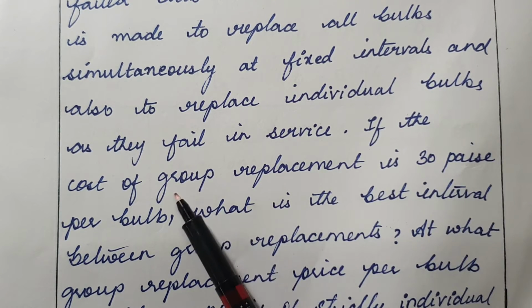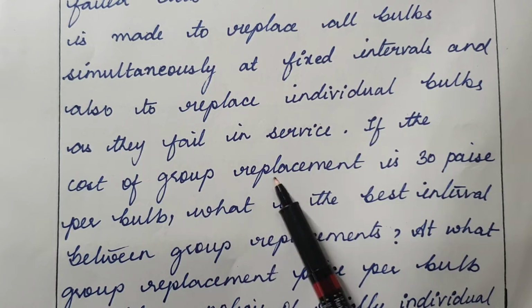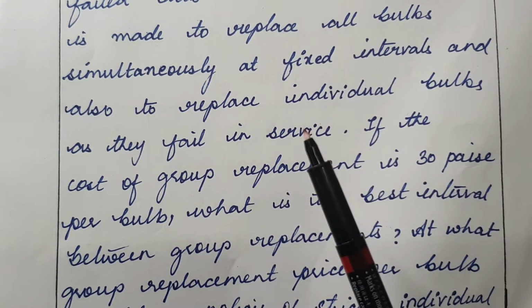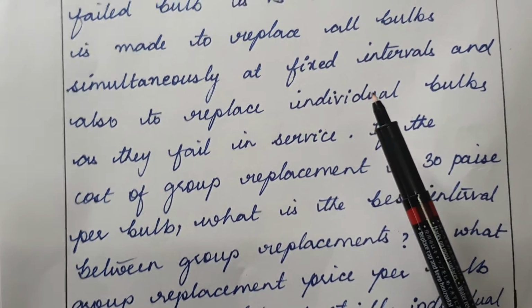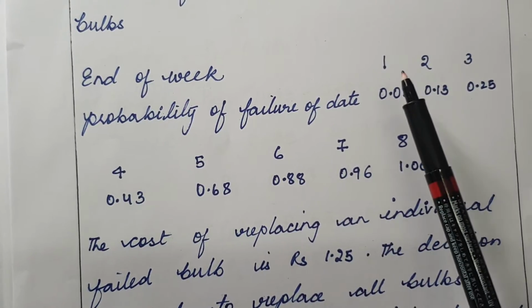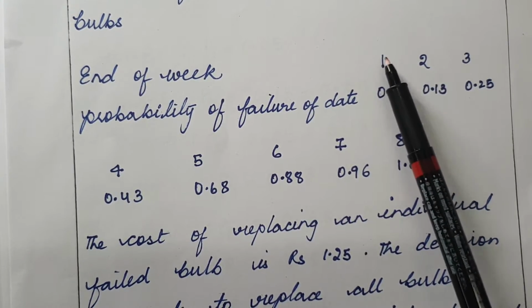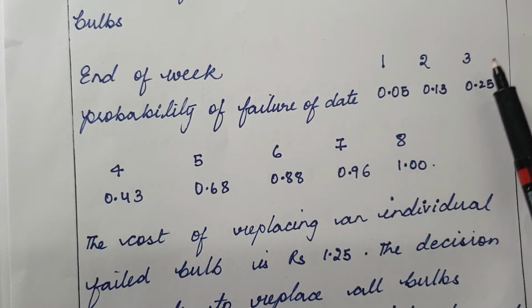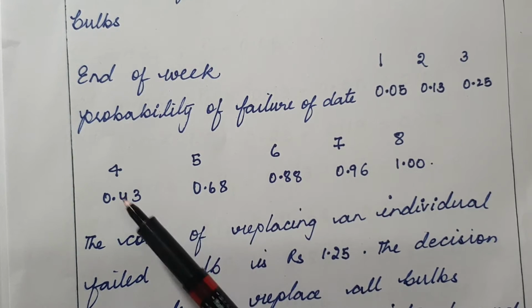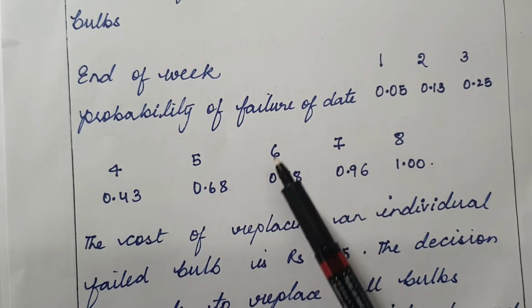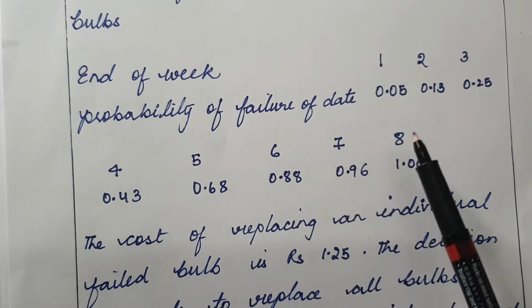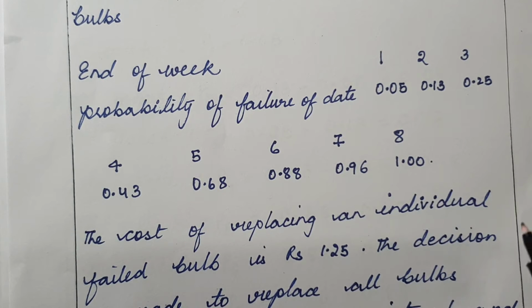So group replacement is mentioned in your question, and the probability is also given. As you can see, the probability is given for the first, second, third, fourth, fifth, sixth, seventh and eighth weeks.